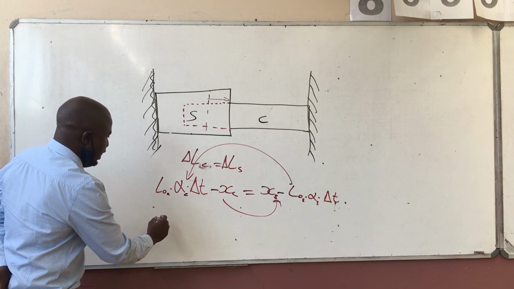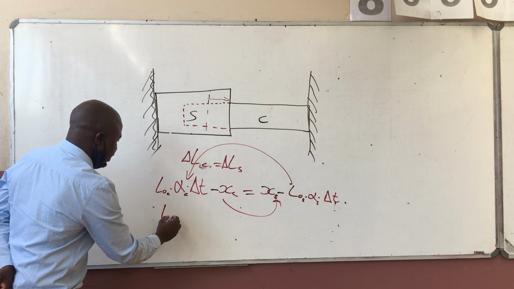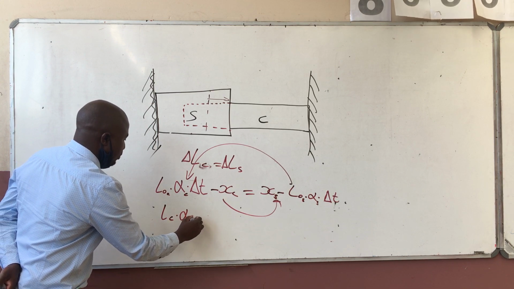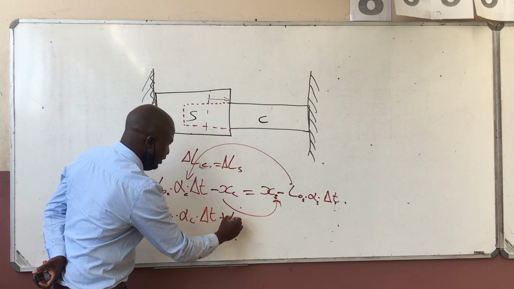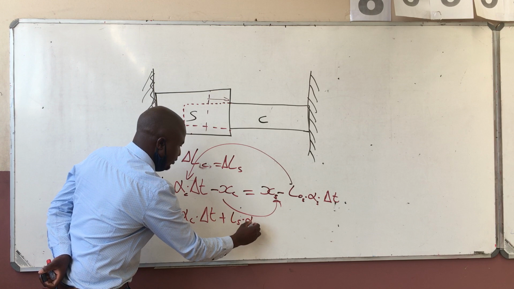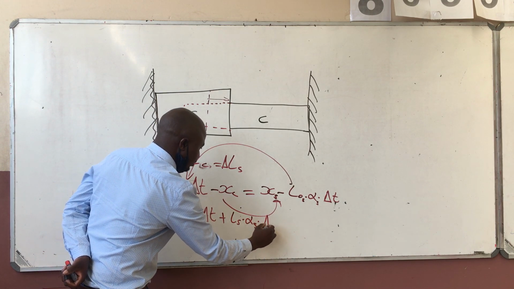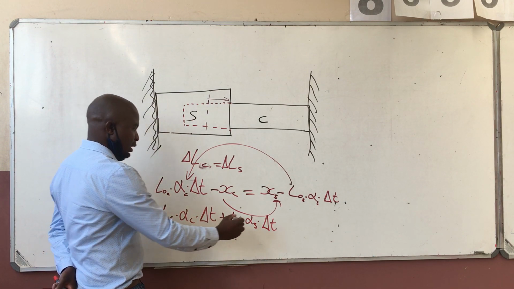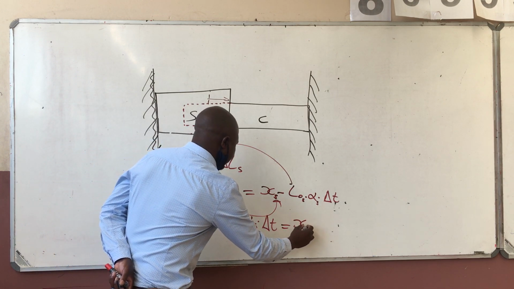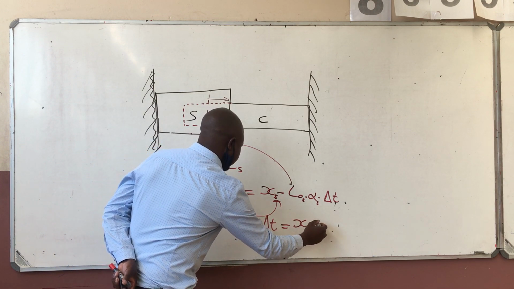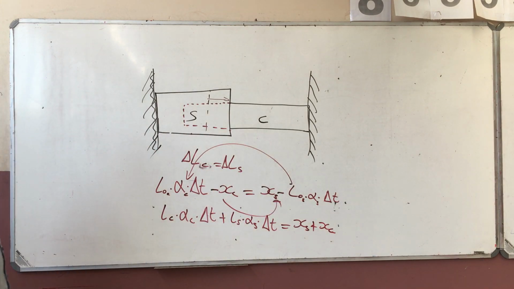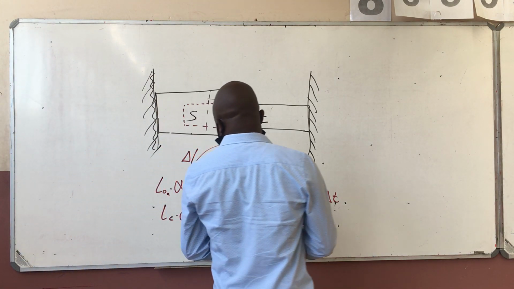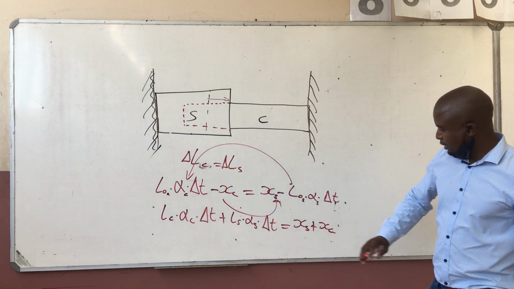So changing the two will have original length for copper times change in temperature, plus original length for steel, is equal to X for steel plus X for copper. Let me finish there.